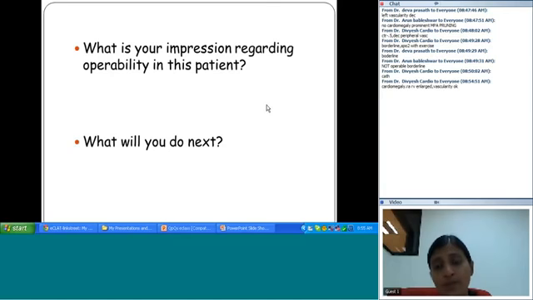Is the patient operable? Is the patient inoperable? Can you make that decision? And what are the factors favoring operability in this patient? Looks operable.